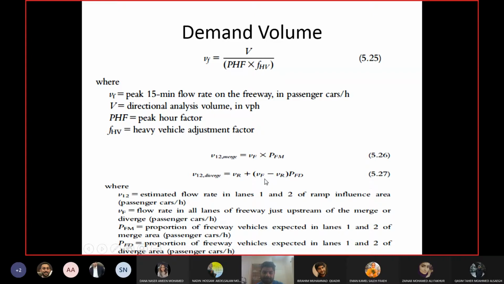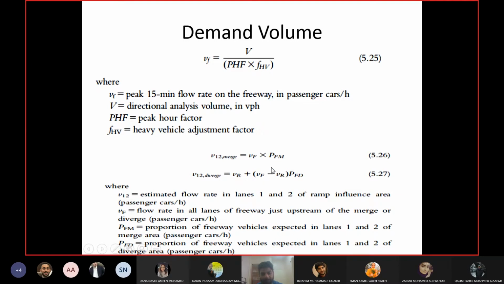And then the flow rate of the freeway minus whatever you have already added here, then the remaining is for the people who will go through the freeway. Okay, so once used from the total flow rate of the freeway, you have already added the people who want to go off from the ramp.